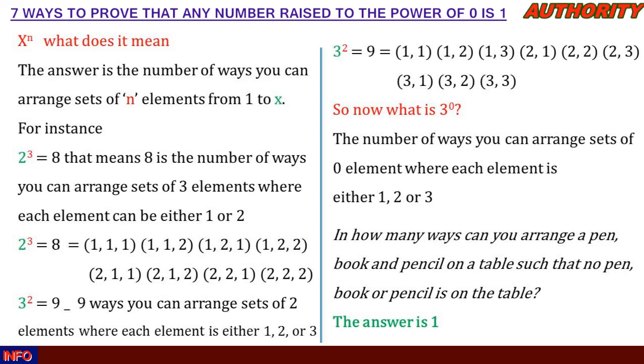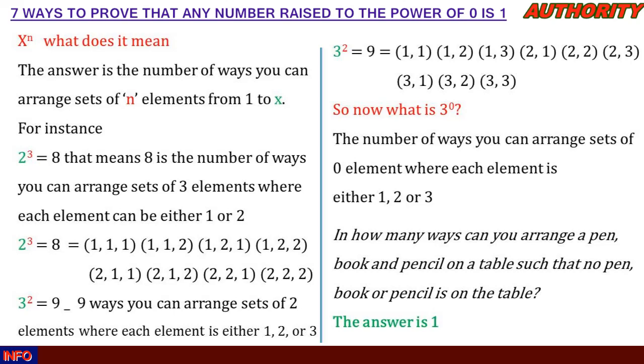Do you understand what I'm trying to say? How many ways can you arrange a book, a pen, and a pencil on a table such that no book, no pen, and no pencil is on the table? You only have one way. What is the solution? Do not place any of those items on the table. So likewise, 3 raised to the power 0 is equal to 1 because you only have one set of elements which doesn't contain either 1, 2, or 3.